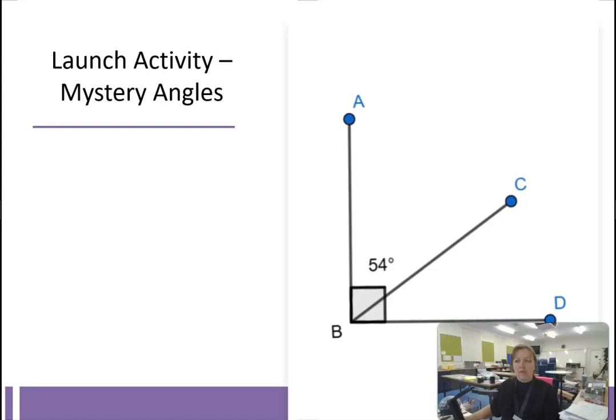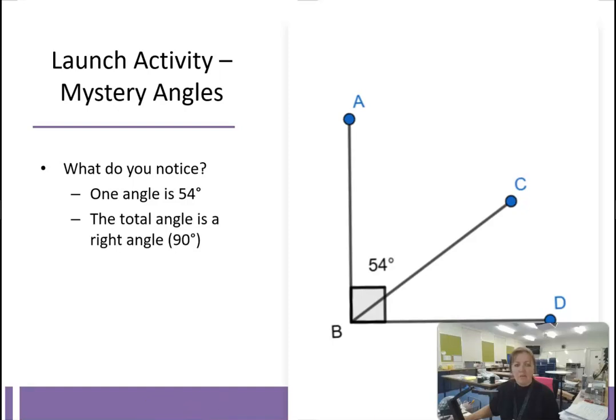So if we have a look here with our launch activity, what do you notice? Do you notice that one of the angles is 54 degrees? We've got two angles here. We have angle ABC and we've got angle CBD. Now hopefully you can also notice that we have a right angle.